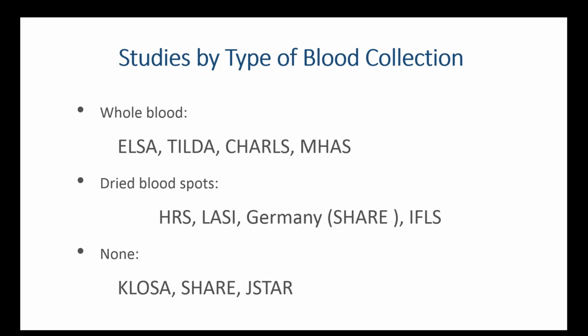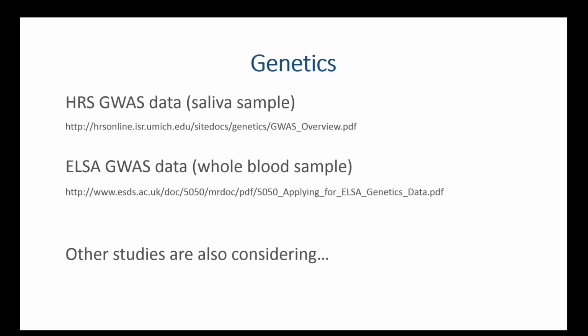And then some of the studies currently have not collected any blood, and those include KLoSA in Korea, the rest of the SHARE countries besides Germany, and JSTAR in Japan. They're also starting to include a really exciting emerging area in science, which is genetic data.